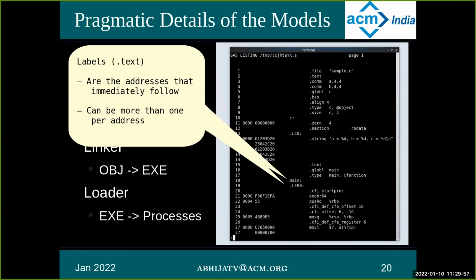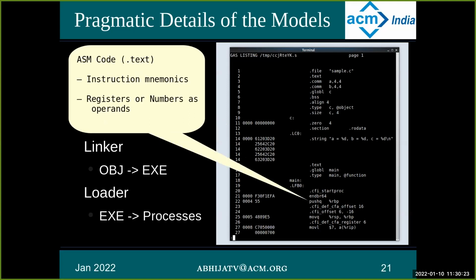This is the reason why names of functions are pointers, because these labels are just addresses. What you also see is that there can be more than one label per address. The labels main and .LFB0 are two labels that map to the same address.